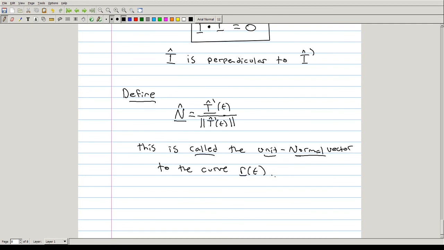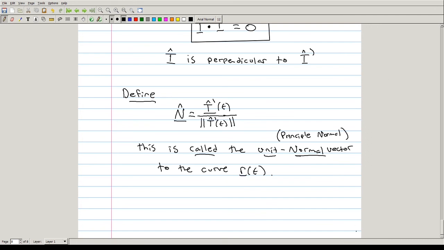And it's important to remember that it's perpendicular to the original tangent vector. So what's important about this is that it singles out a special perpendicular vector called the unit normal, or sometimes called the principal normal vector to the curve r of t at a given point.